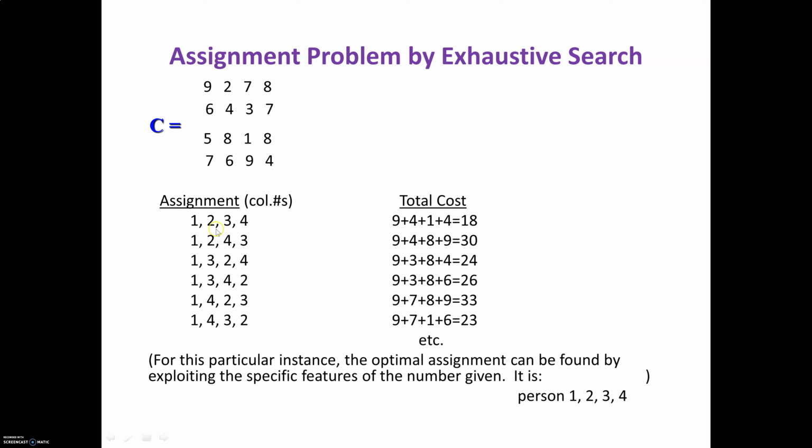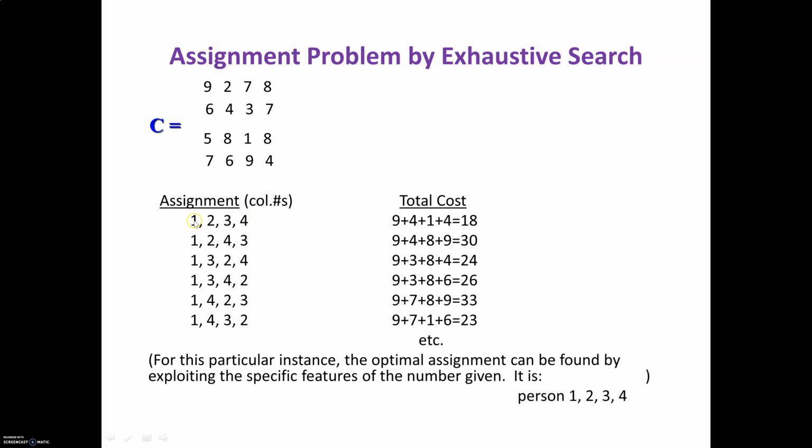We'll take one example. The first permutation is 1, 2, 3, 4. This indicates the job number, and persons are taken in order: first person with the first job, second with the second, third with the third, fourth with the fourth.